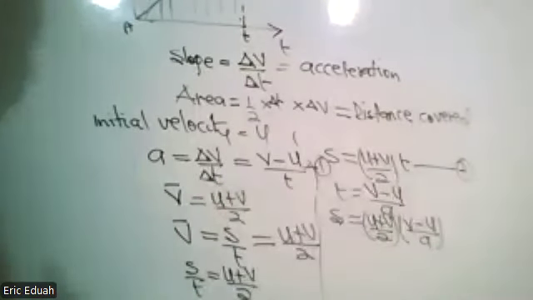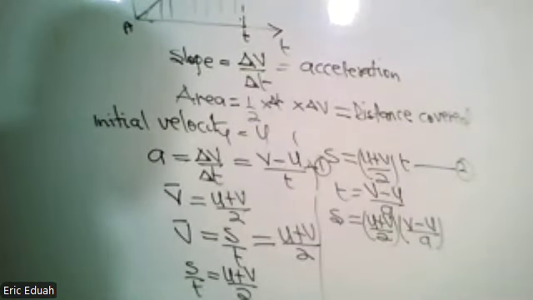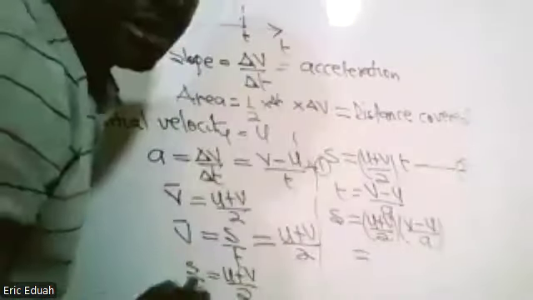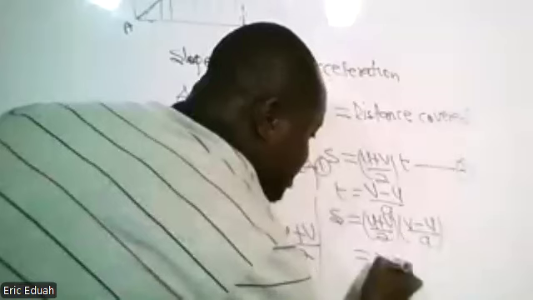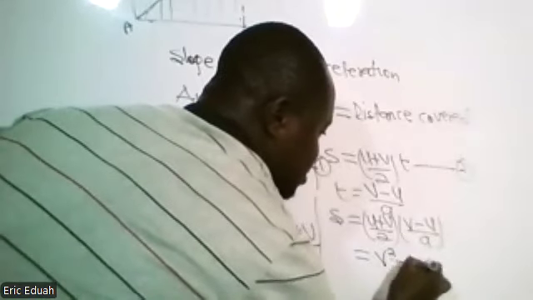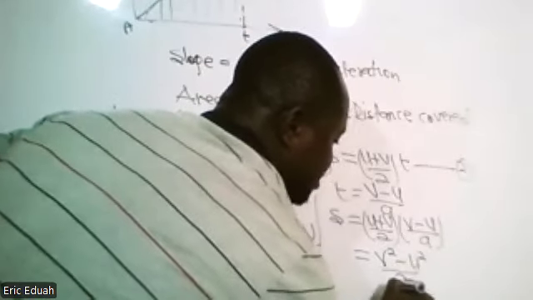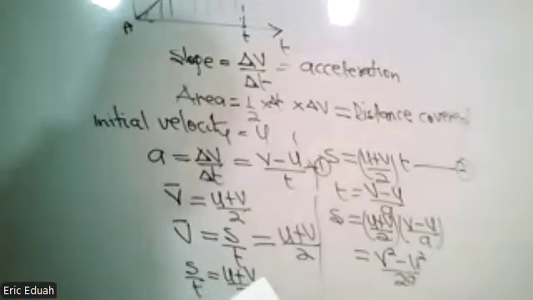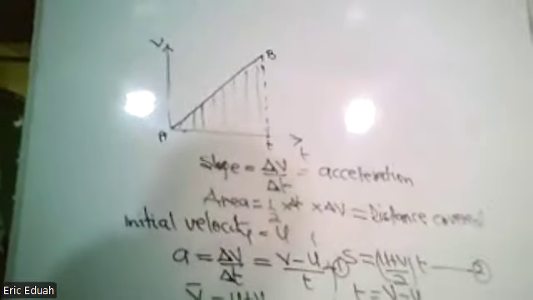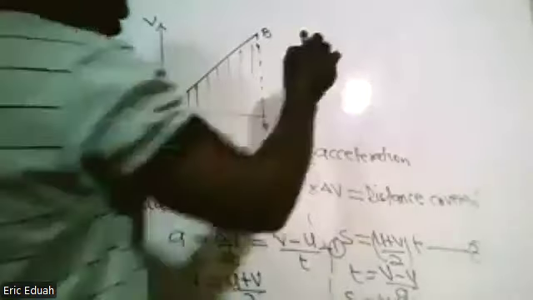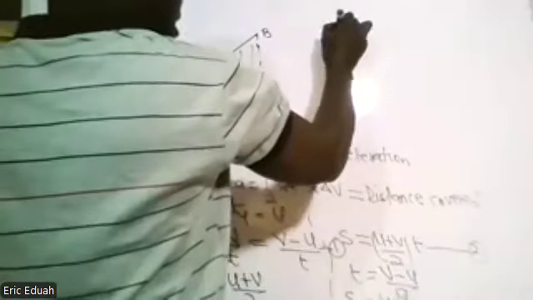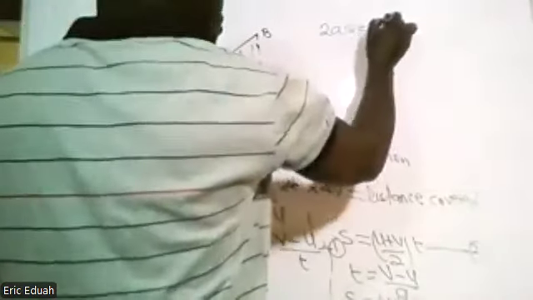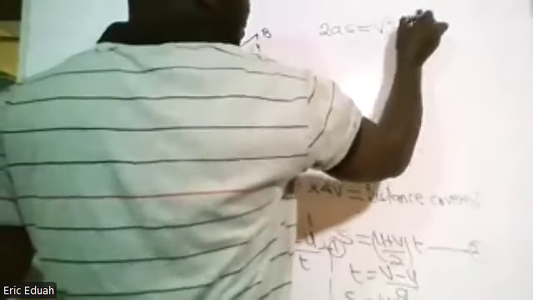Then we apply the difference of two squares to simplify the numerator. V squared minus u squared over 2a, so that when you cross multiply, you finally have 2as being equal to v squared minus u squared.